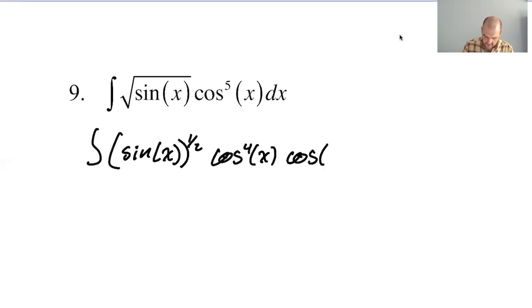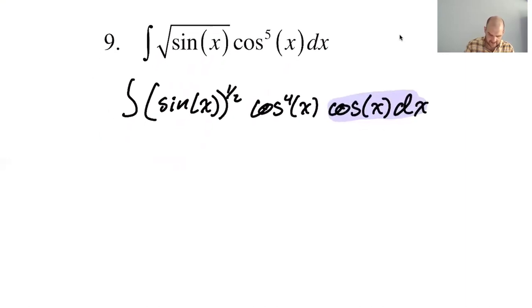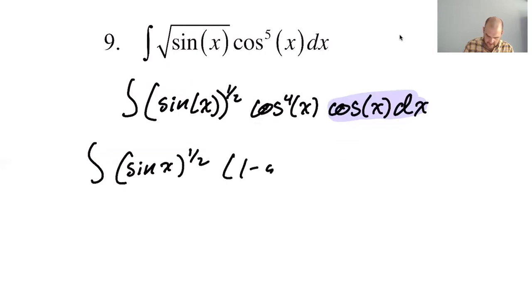And then we're saving cosine of x dx because cosine's to the odd power. So we'll save this, change every other cosine into a sine using the identity. And then we'll do a u substitution if we drop that set of parentheses there. 1 minus sine squared, and then squared, and then cosine x dx.